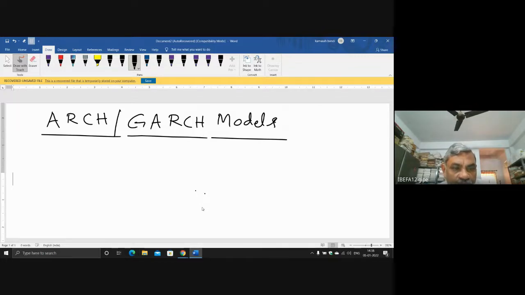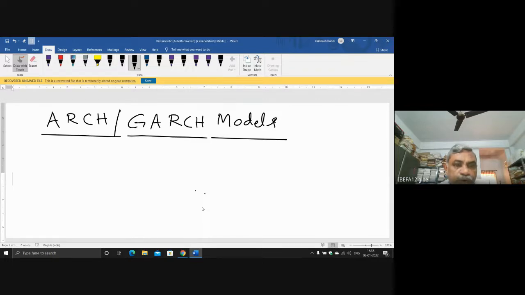And the last one is the implied volatility, which is more relevant in the context of the derivatives market. Of these four approaches, our focus would be exclusively on the conditional variance volatility models, that is, the ARCH and GARCH models.